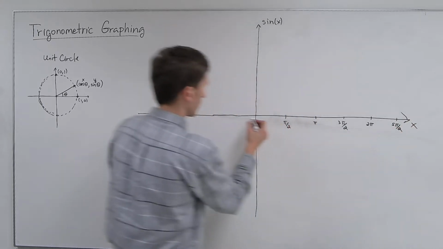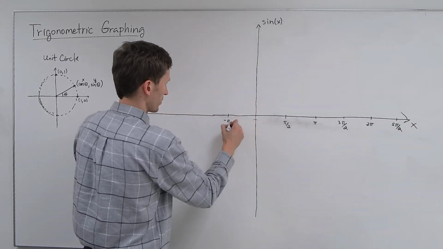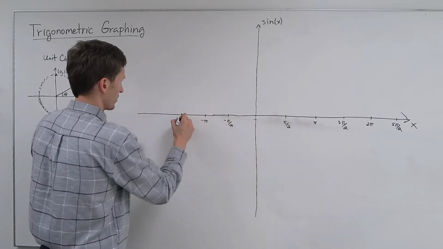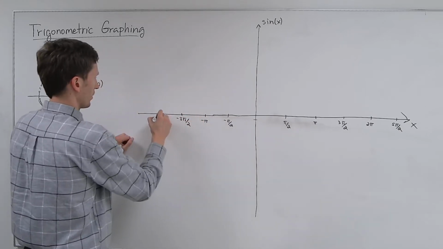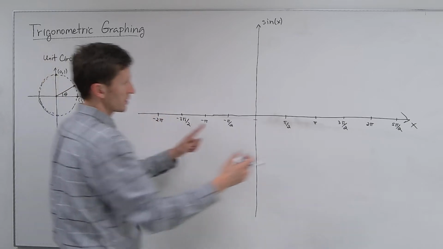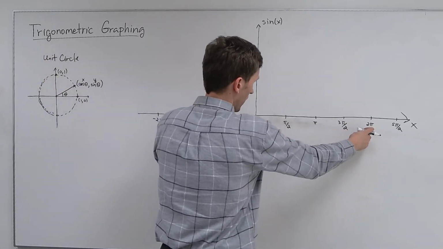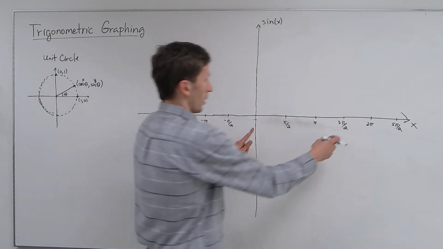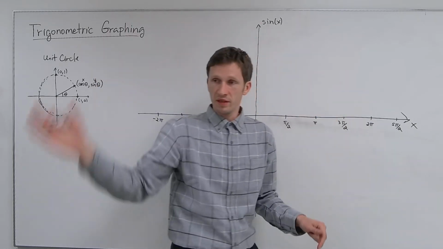We're going on. And then to the left, let's go negative 90 degrees, negative pi over 2, negative 180 degrees, negative pi, negative 270 degrees, and negative 3 pi over 2 in radians, negative 2 pi, and so on and so forth. By the way, this is going to be the period, and we'll see what I mean by that graphically. The period of this graph, the sine, because remember, every circle, everything begins to repeat itself.